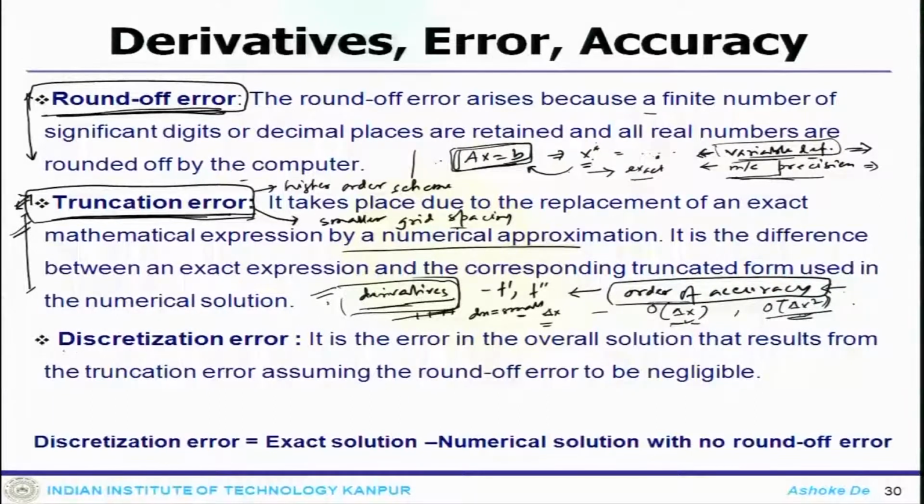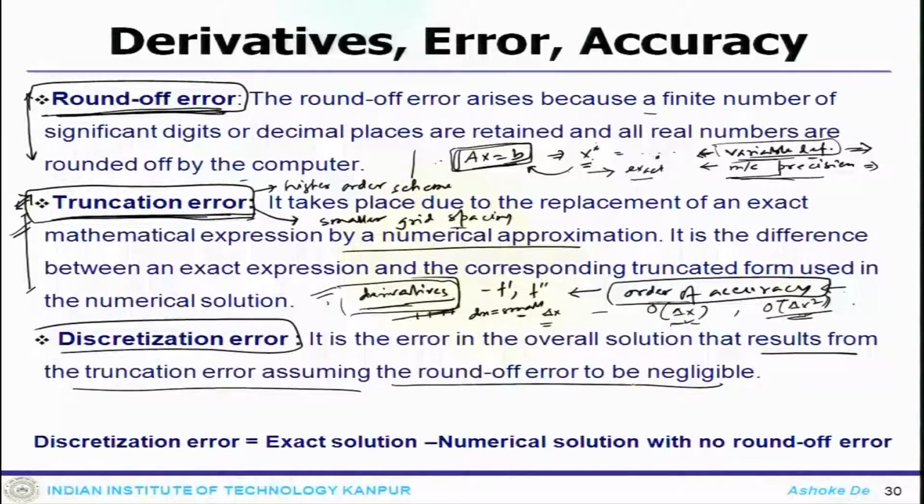Third is the discretization error. That is the error in the overall solution that results from the truncation error, assuming the round off error to be negligible. So, if someone has handled the round off error very nicely, or the round off error is quite minimal, then primarily the discretization error is the contribution which comes from the truncation error.